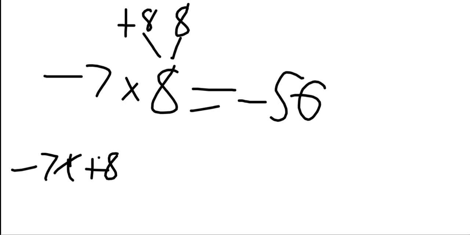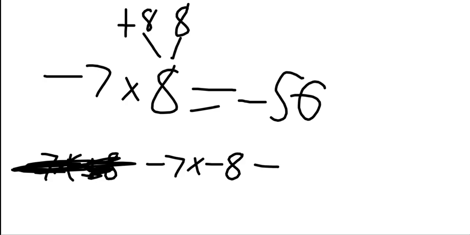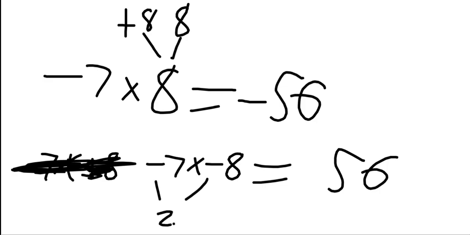Negative 7 times negative 8. We know that 7 times 8 is 56, and we can see that there are 2 negative signs. And what does that turn into? A positive sign. So we can write this answer as positive 56, or we can just write it as 56.